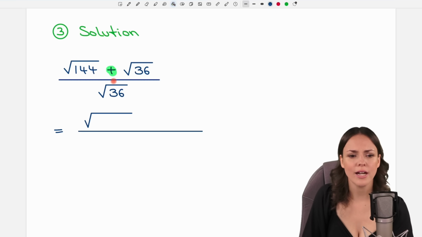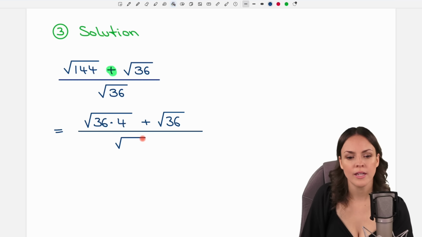So can I write the 144 as 36 times something? And yes, if you divide 144 by 36, you get a result of 4. So the square root of 36 is actually in here as well. Then we have the plus and our other square roots of 36 here and here as well.